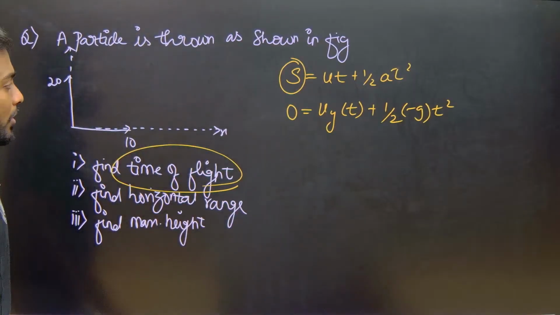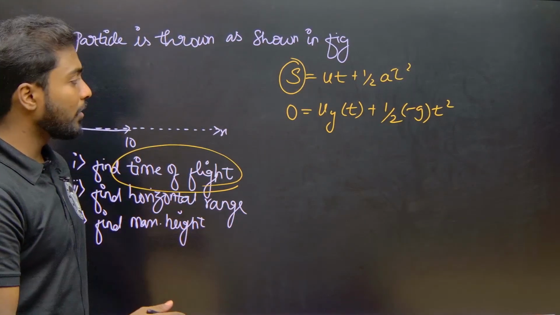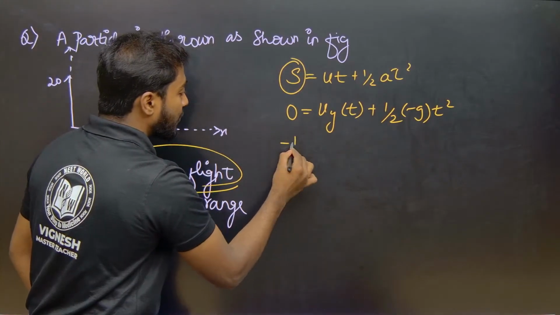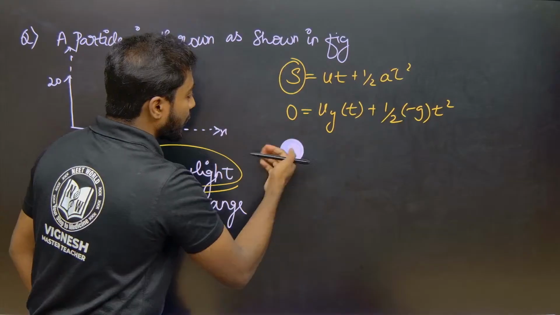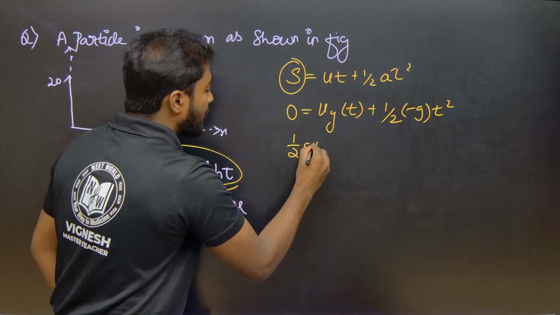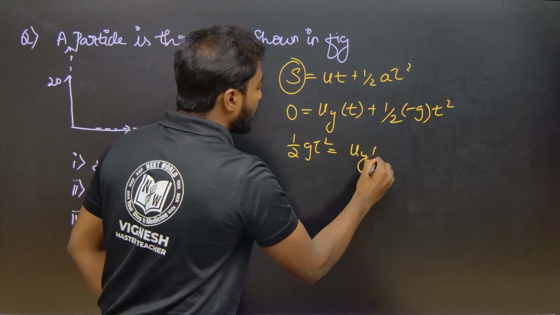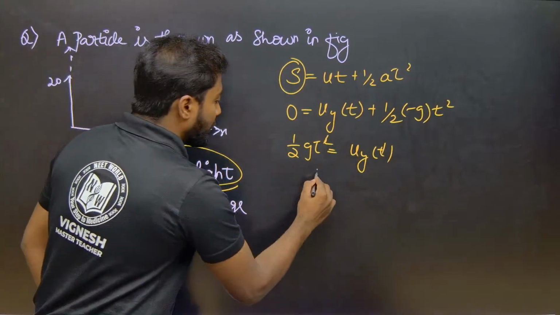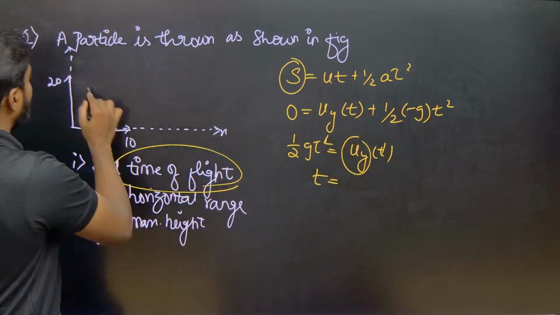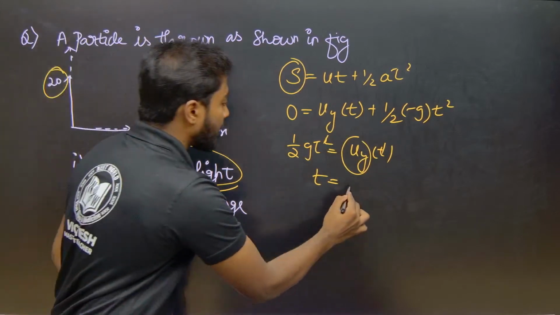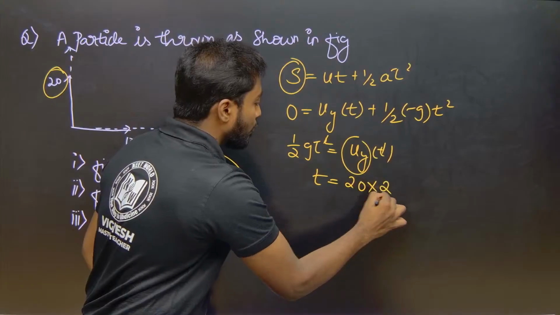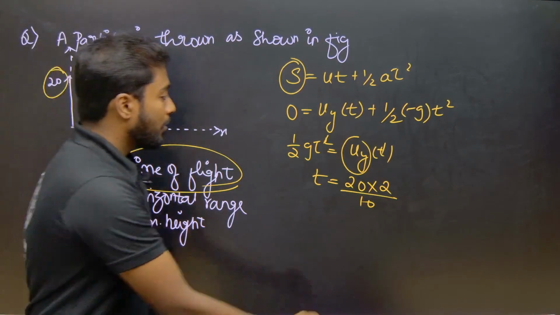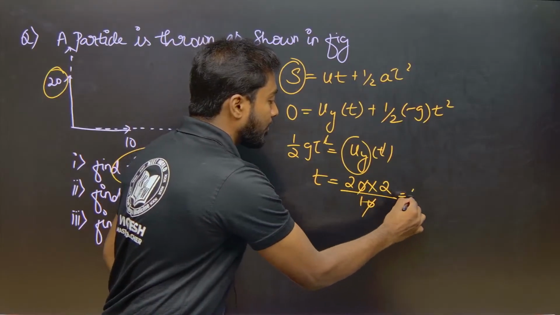From this I can easily find t. So I will take minus half g t square equals uy into t. So t and t will get cancelled. So t will be equal to uy, the value given is 20, 20 into 2 divided by 10. I can get it easily, 0 0 cancel, that is 4 seconds.